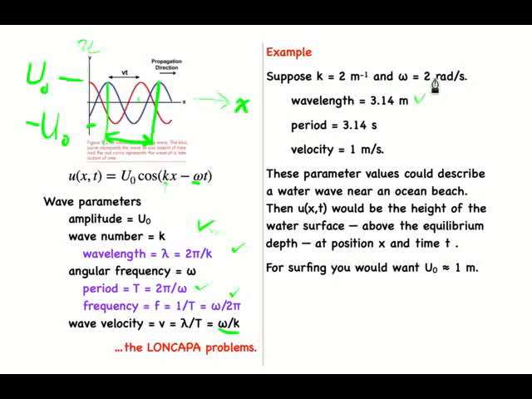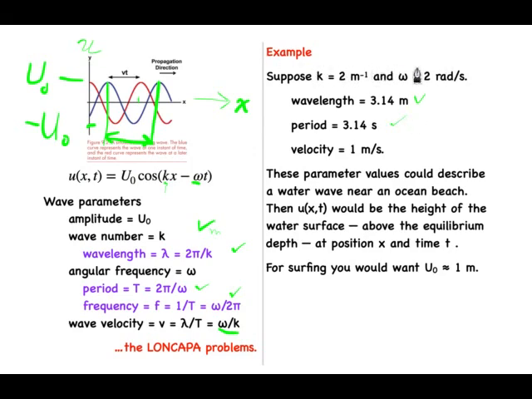What's the period? Well, the period is 2 pi over omega, so it's 2 pi radians over 2 radians per second. So it's pi seconds, 3.14 seconds.